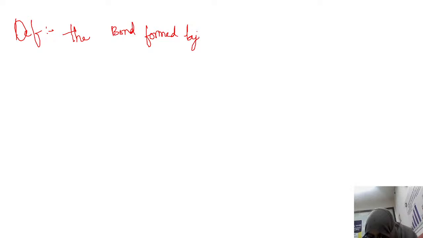The definition for ionic bond: the bond formed by how the electron is, is it sharing, losing or gaining? What do you think? Please answer. Is it sharing, losing or gaining? So I will answer here.